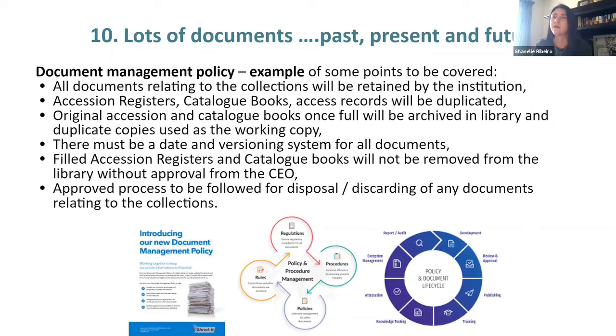In other words, it helps to establish a uniform rule across collections and the institution for the management of documents. A few examples of such policy statements are: there must be a date and versioning system for all documents. All documents relating to the collections will be retained by the institution.